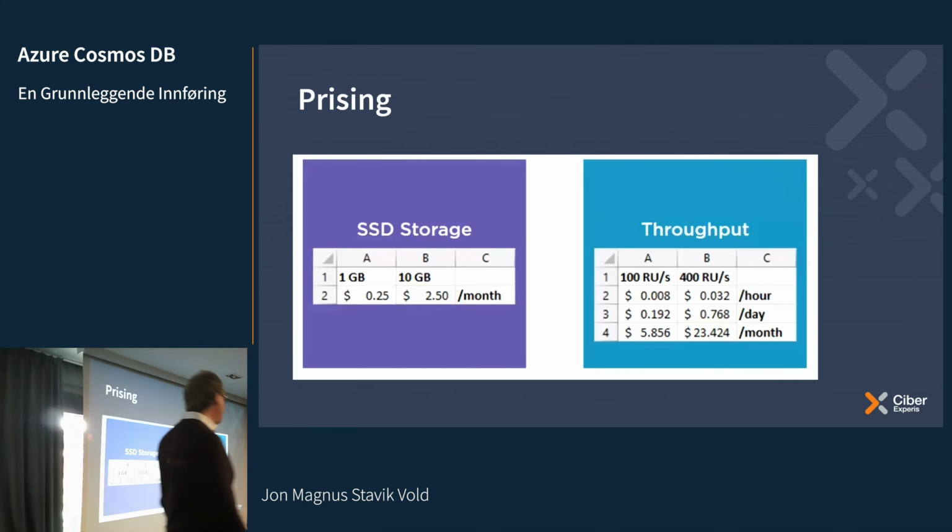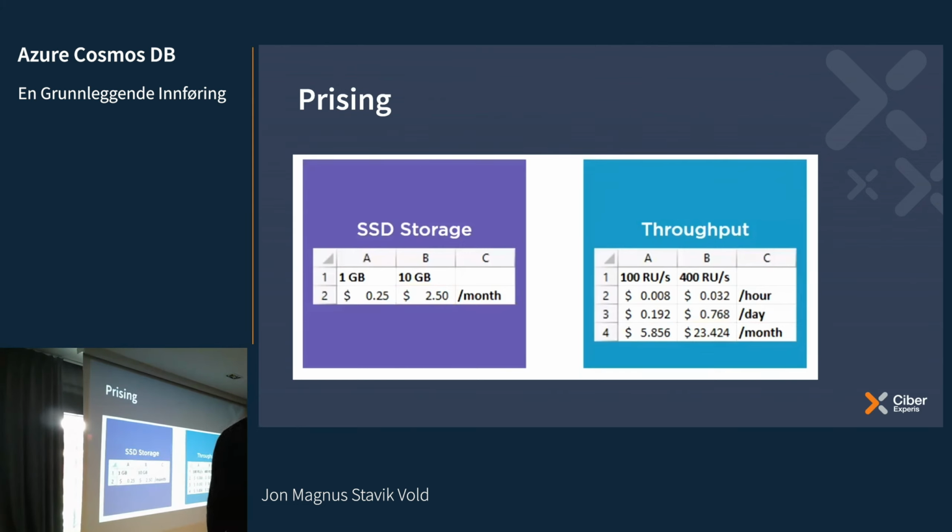And pricing, you have SSD storage and throughput. And for SSD storage, 1 gigabyte costs $0.25 per month, and 10 gigabyte costs 10 times more, $2.5.